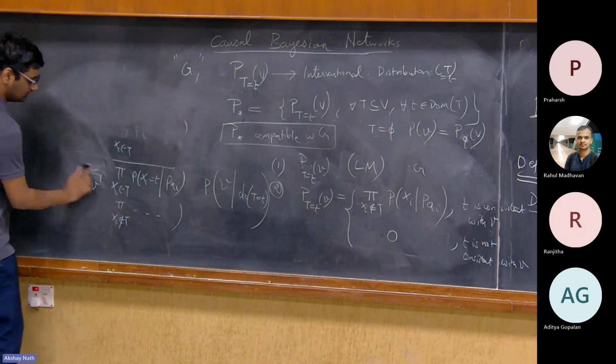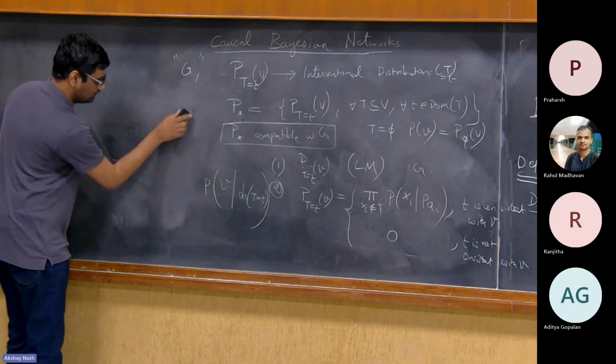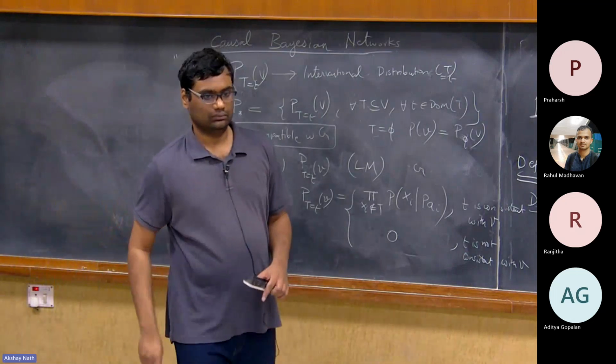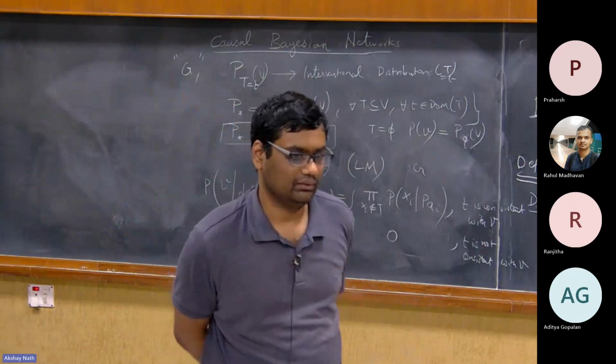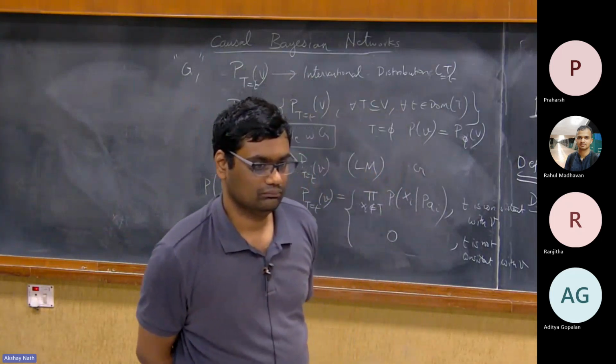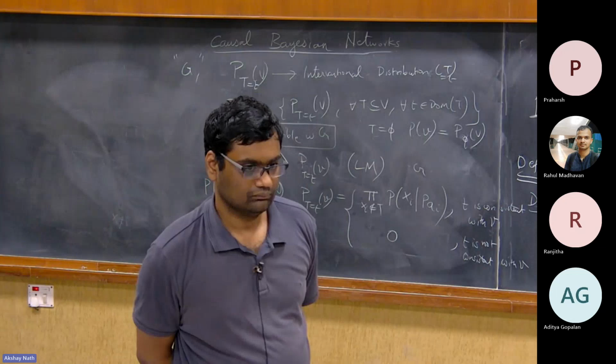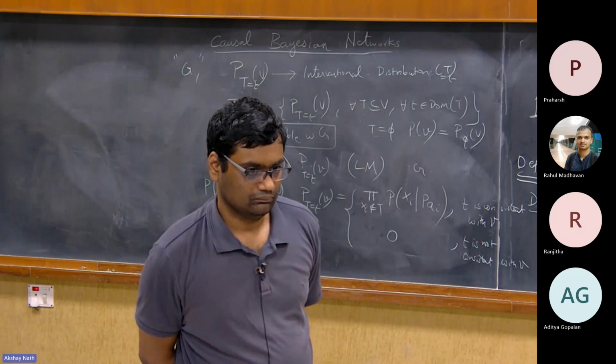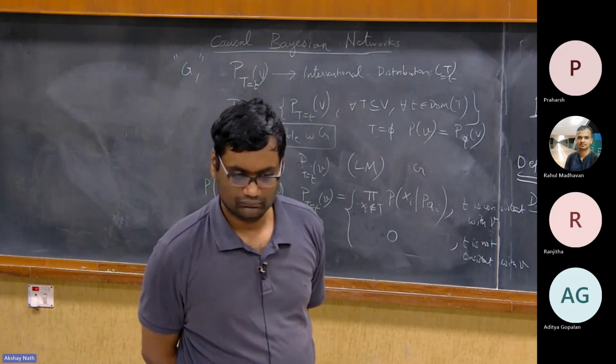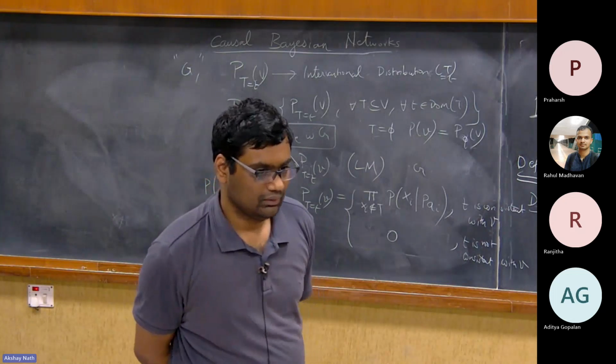A non-causal Bayesian network is a single distribution, and conditional independence is implied by it. Exactly. When we say causal, it's actually a family of distributions, with multiple distributions. Correct.